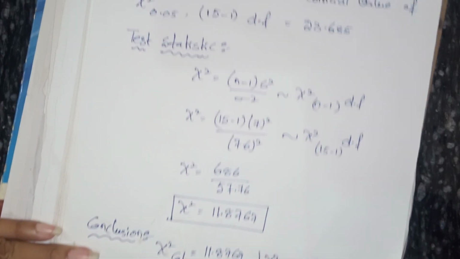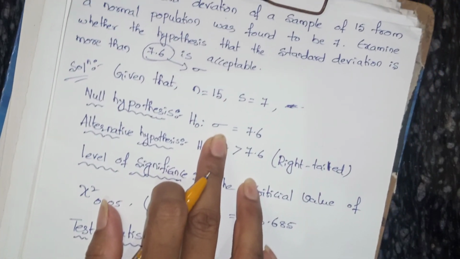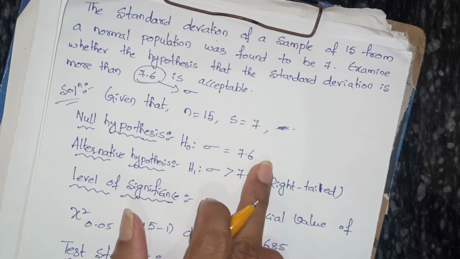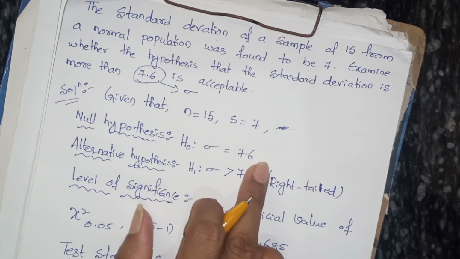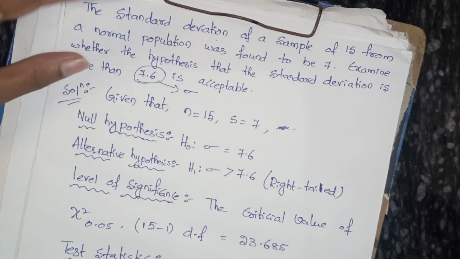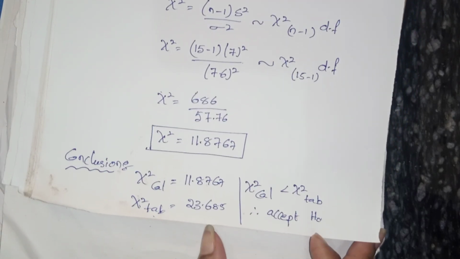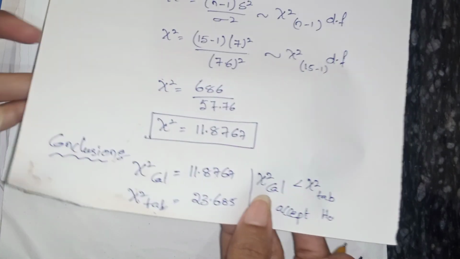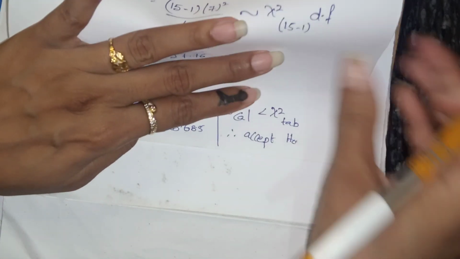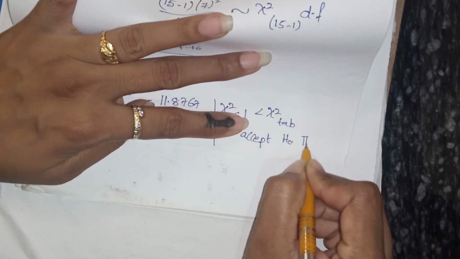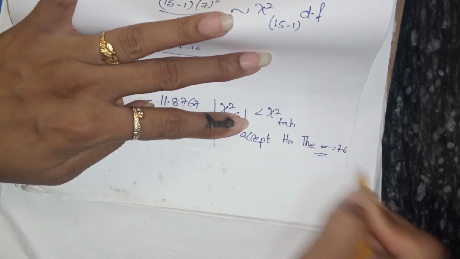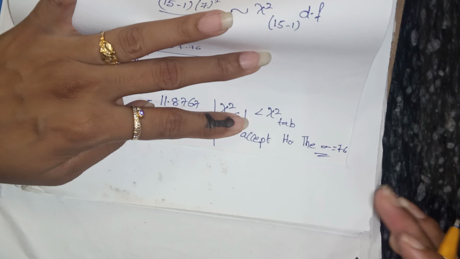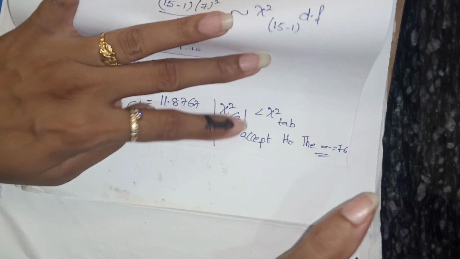H naught says the standard deviation equals 7.6. It is not more than 7.6. The population standard deviation equals 7.6, so it won't be more than 7.6, as we found out.